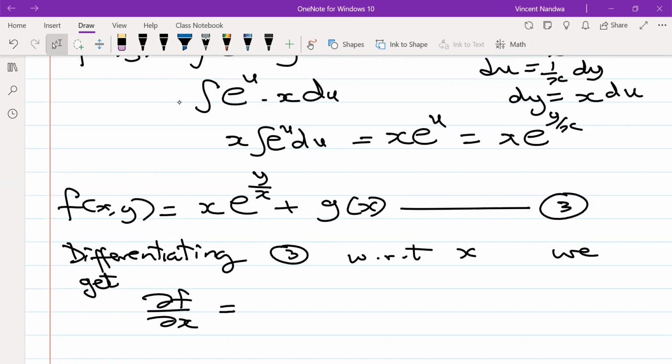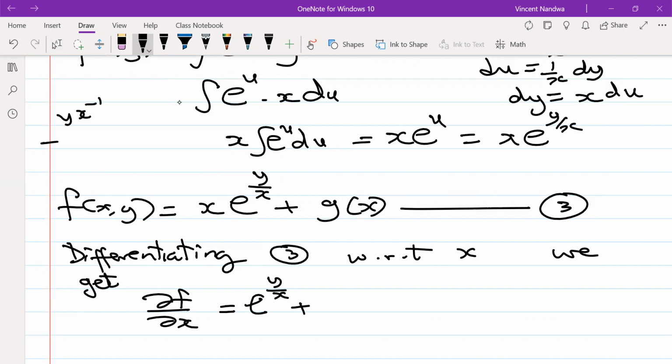So this is u, this is v. So u prime is 1 times v, which is e power y over x, plus, remember when you differentiate this with respect to x, the power is y times x power minus 1.